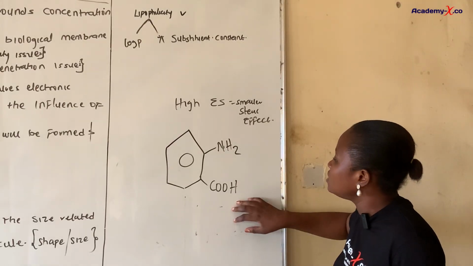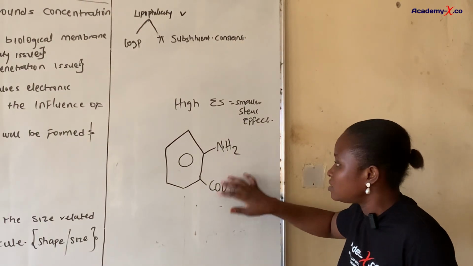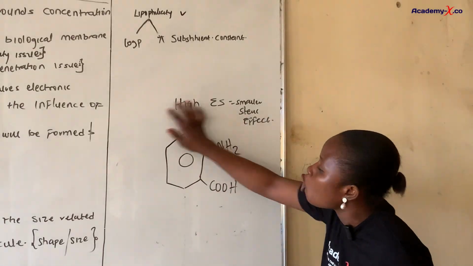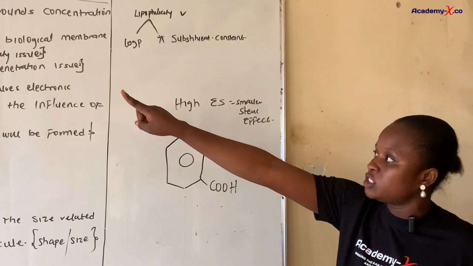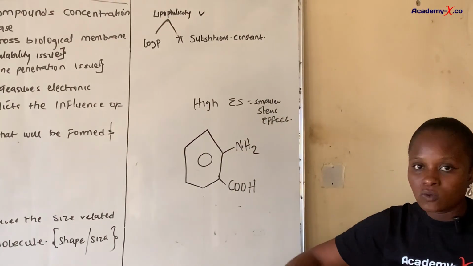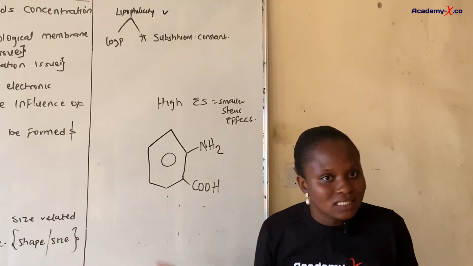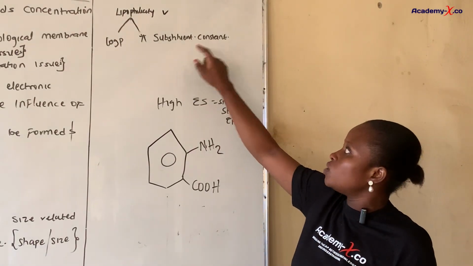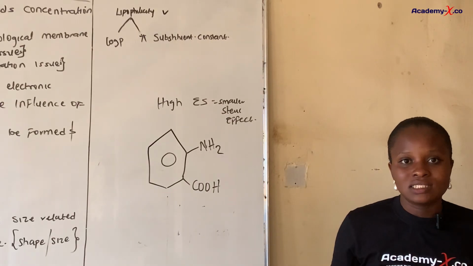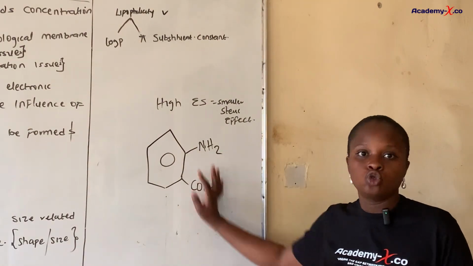You're looking at what hydrophobic effect does this contribute to the whole of the molecule. So when you're looking at partition coefficient, you're talking about the hydrophobicity of the whole molecule, or the lipophilicity of the whole molecule. Whereas when you talk of pi substituent constant, you're looking at the hydrophobic contribution of each of the substituents to the whole of the molecule.